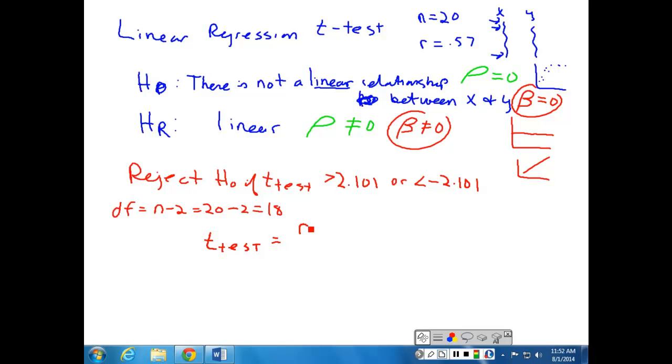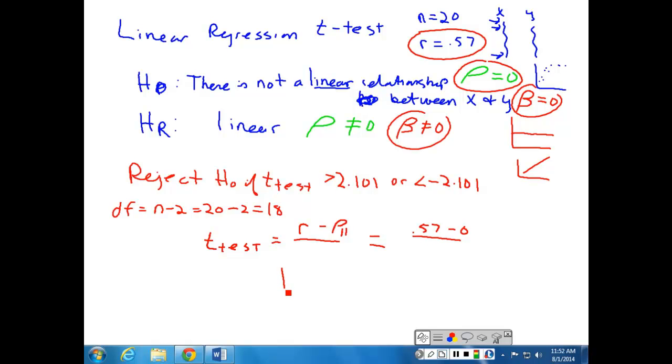That's the statistic that we, in this case, is given to us, but which we might calculate from data, minus the hypothesized parameter, rho. So, like so many of the things we've been doing, that's going to be 0 all the time. So the top of this is going to be 0.57 minus 0.